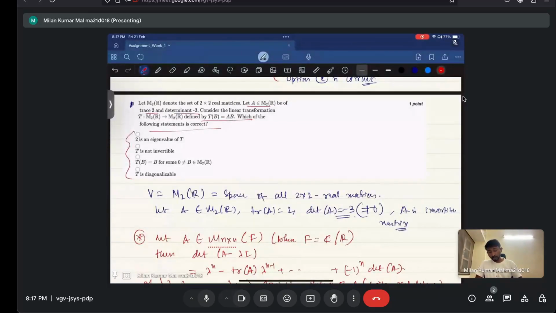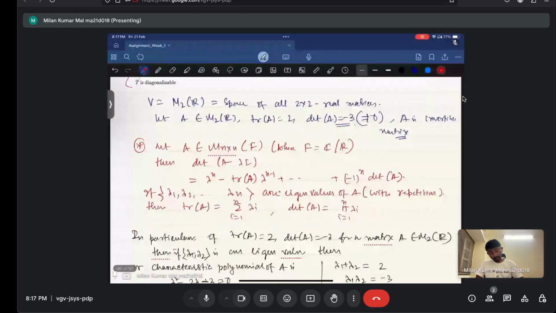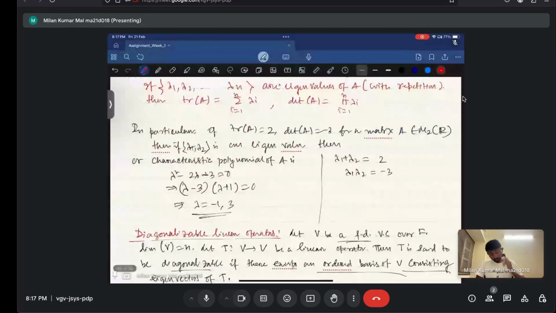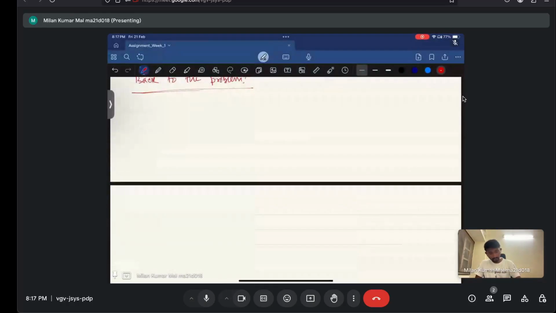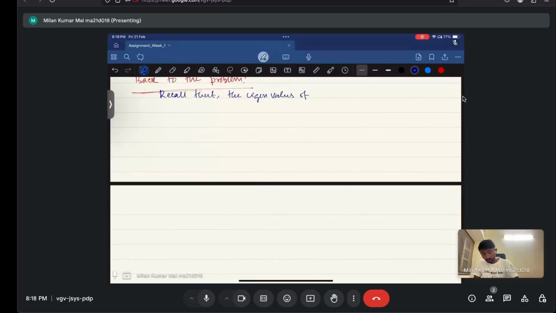Okay, so I'll just recall something. We have obtained that the eigenvalues of the matrix A belonging to M2 are minus 1 and 3.